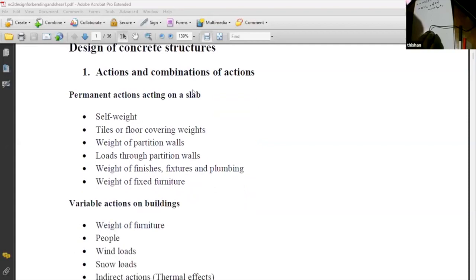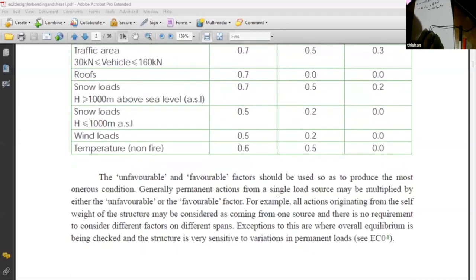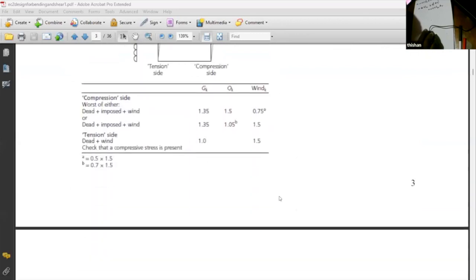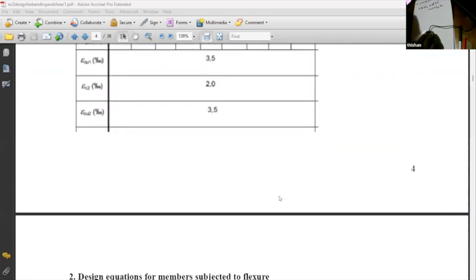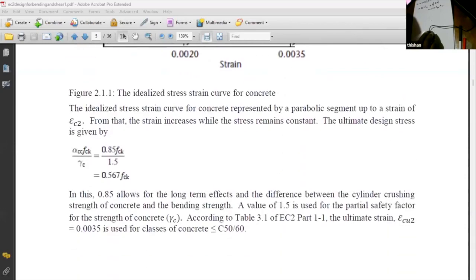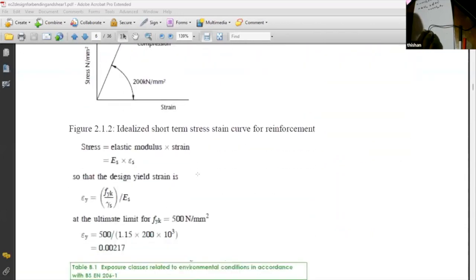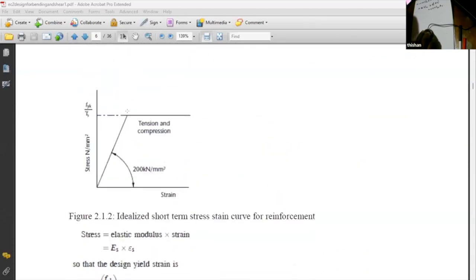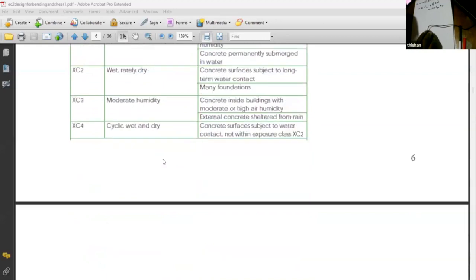So this is the note, and we have already discussed these basic things: how we create pattern loading, the kind of pattern loading that we need in concrete design, the properties of concrete, the stress strain curve, and this 0.567 FCK, and then steel properties, and why you get 0.217 here, and then the cover requirements.